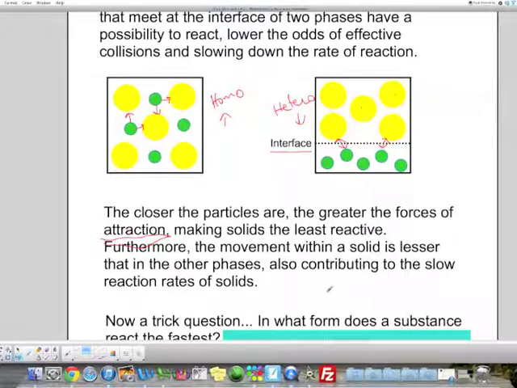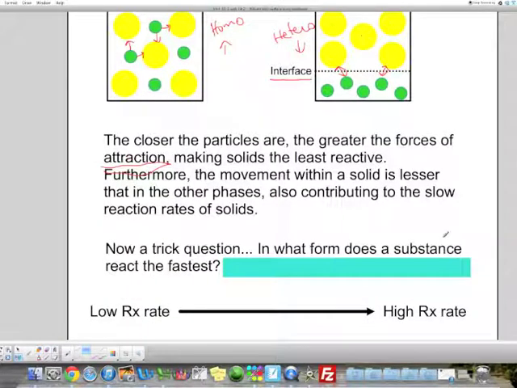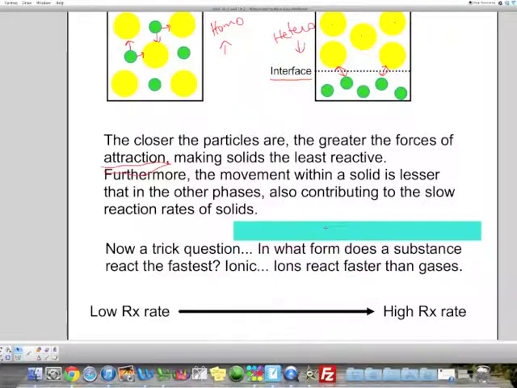So, trick question. In what form does a substance react the fastest? Now, probably you would tend to say that it's in the gas form. Actually, we already discussed that there's something even more energetic than that. So you could be tempted to say plasma, but actually there's something better than that. And it's in the ionic form.